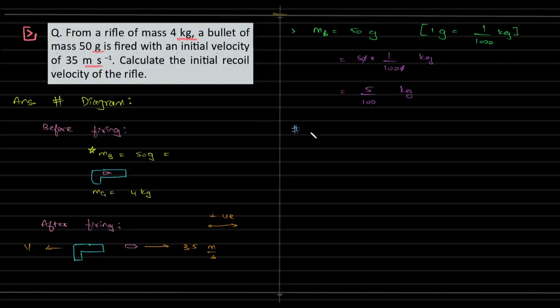Now, in the working we have to state the law of conservation of momentum. It tells us that the final momentum of the system is equal to the initial momentum of the system.